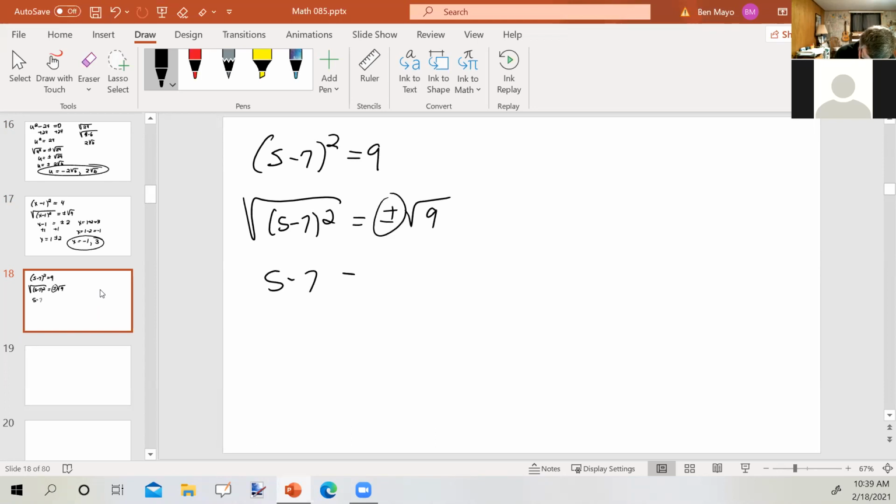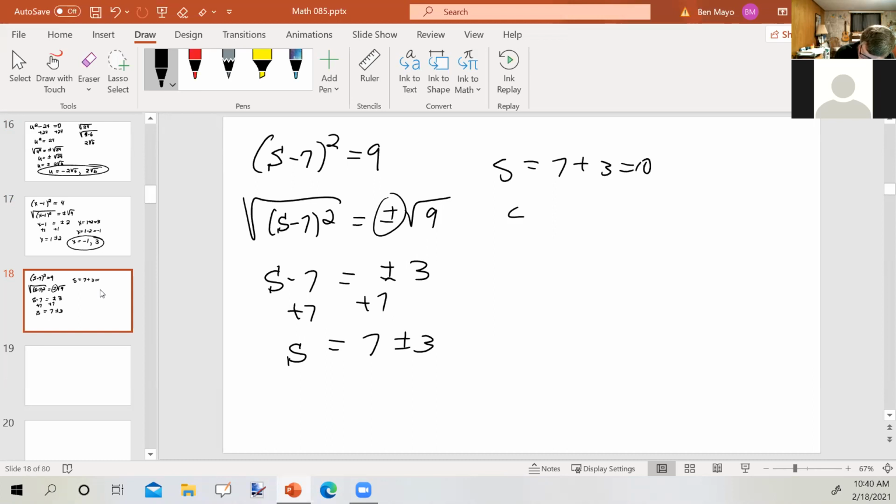So s minus 7 equals plus or minus the square root of 9, which is 3. I'll add 7 to both sides. s equals 7 plus or minus 3. So s equals 7 plus 3, which is 10. s equals 7 minus 3, which is 4. So s equals 10, comma 4.